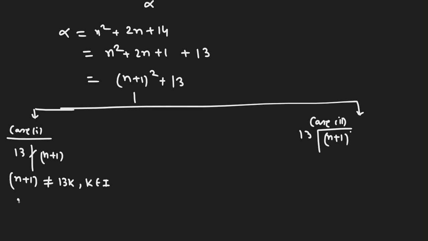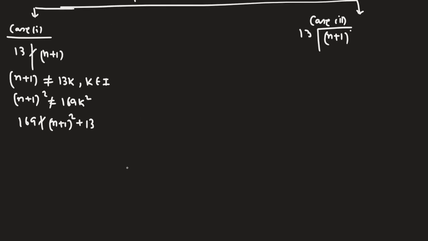So therefore n plus 1 whole square will not be equal to a 169k square type of number. So you can say that 169 does not divide n plus 1 whole square plus 13, this type of expression.